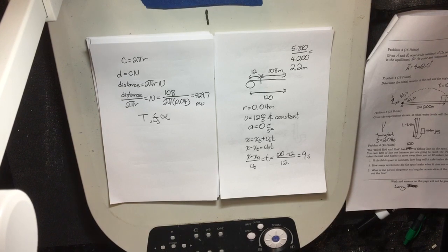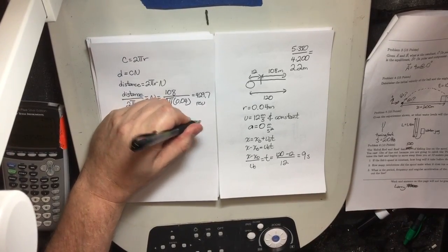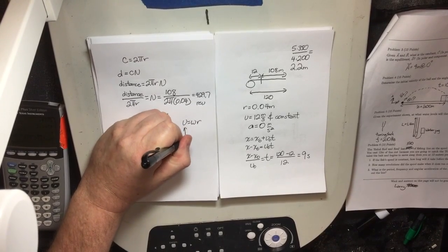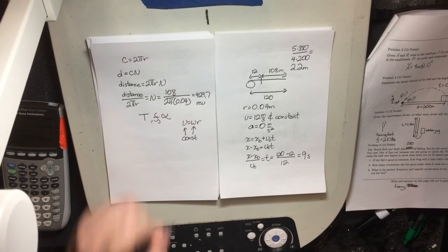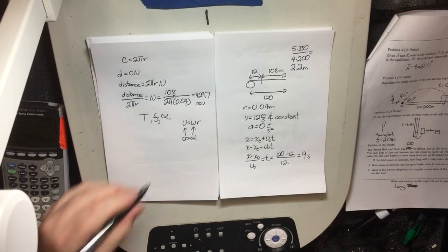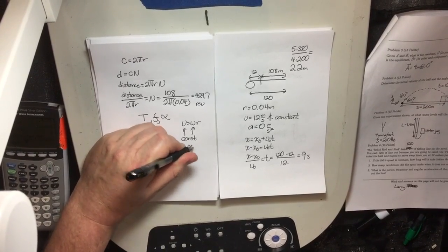It's rotational velocity. What's the equation that makes that association? Or what equations do you need? v is omega r. If v is constant, omega must be constant as well. And what is d omega dt? Alpha.